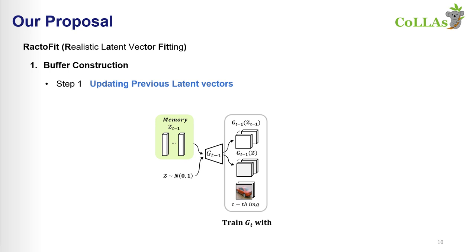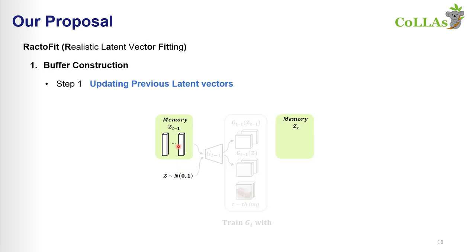First, we update latent vectors in the previous memory. After training the current generator GT with images in this box, we update the memory buffer ZT-1. When we train the next task T plus 1, we only maintain GT, but the latent vectors in ZT-1 need GT-1 to get images.